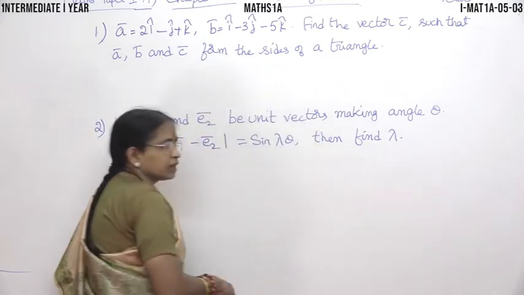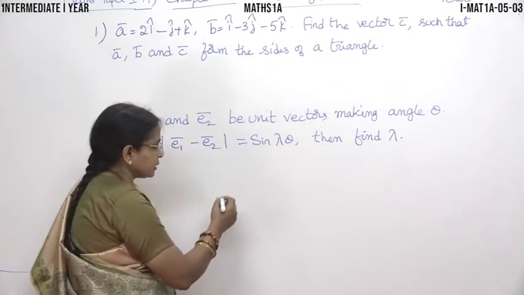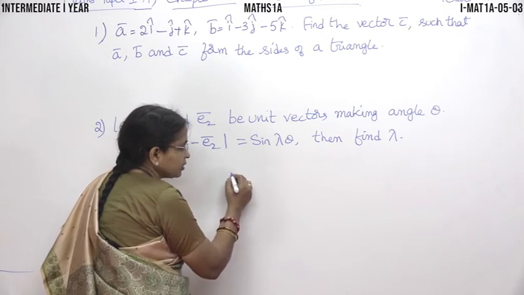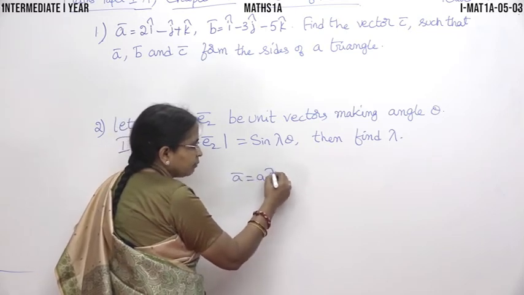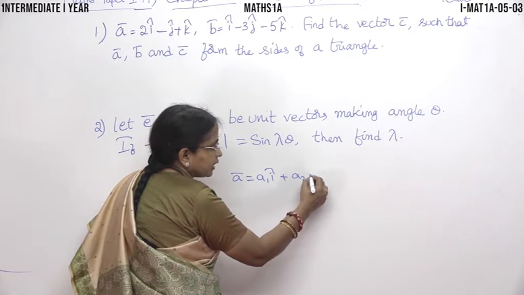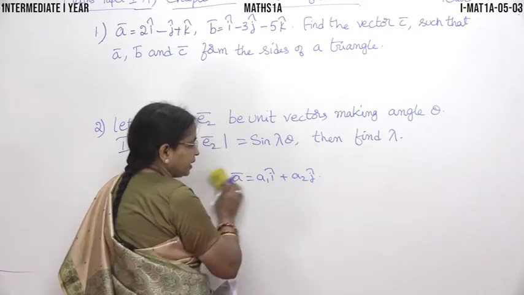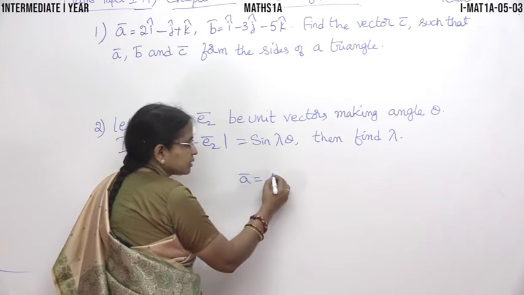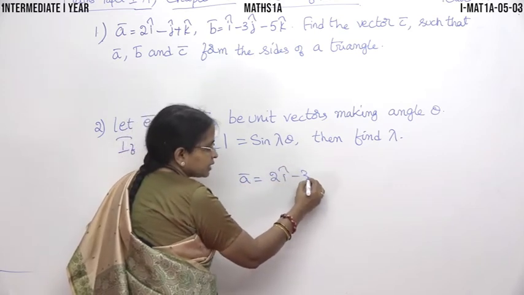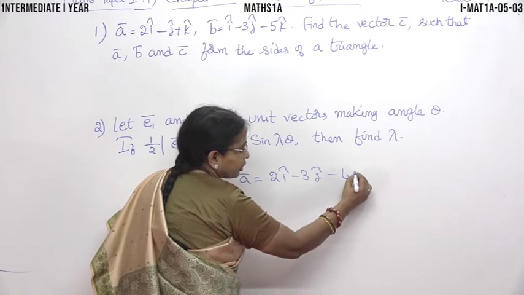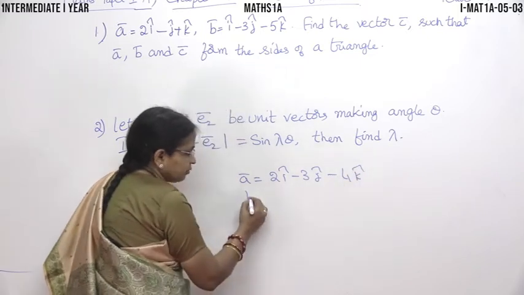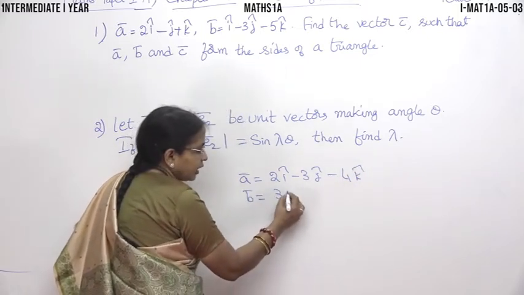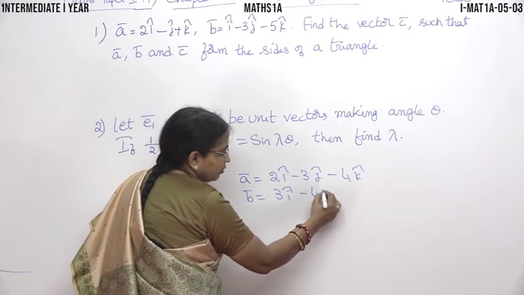Then next, this property is again very important. Suppose A is A1 I plus A2 J plus A3 K. I'll take one example. Suppose that A vector is 2I minus 3J minus 4K, and B is equal to 3I minus 4J plus 5K.